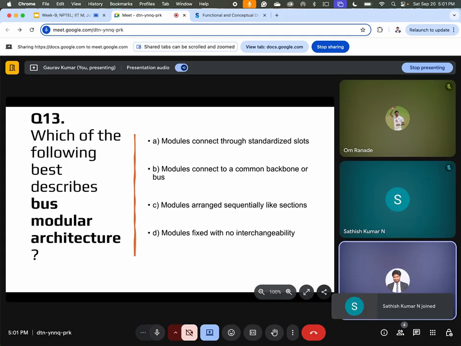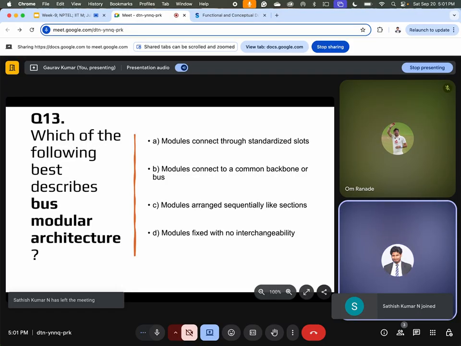So bus modular architecture is defined by a shared communications or structural backbone that connects the multiple modules. So each module plugs into the bus and can exchange energy, information, or material through this common interface.